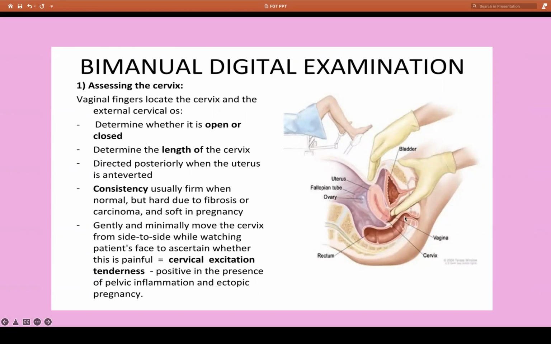And you will assess laterally from the lateral fornix the adnexa for any mass or tenderness, and move the cervix from side to side to see any cervical excitation, to rule out ectopic or acute PID.